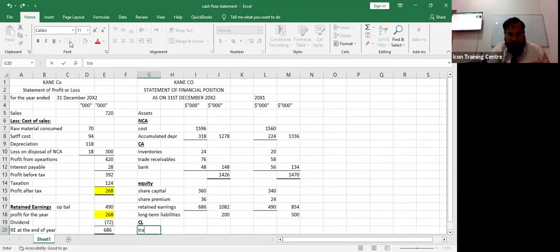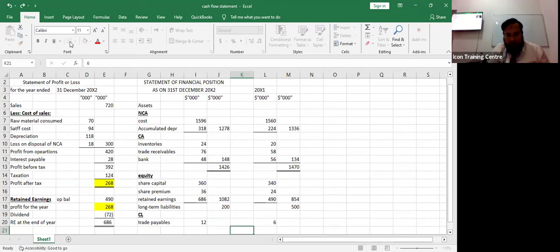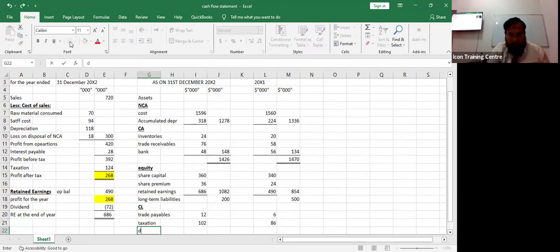Trade payables: how much? 12. And before that, 6. Then, how much? 102. Here 86. Then, how much?